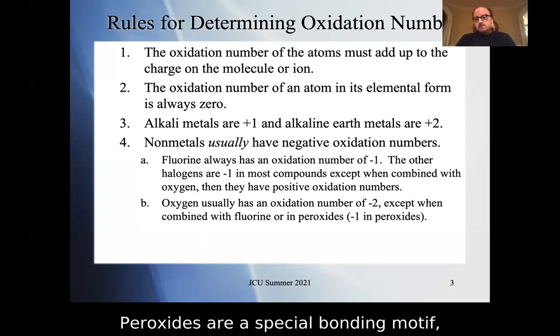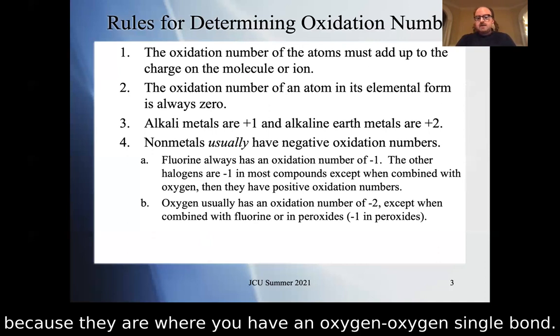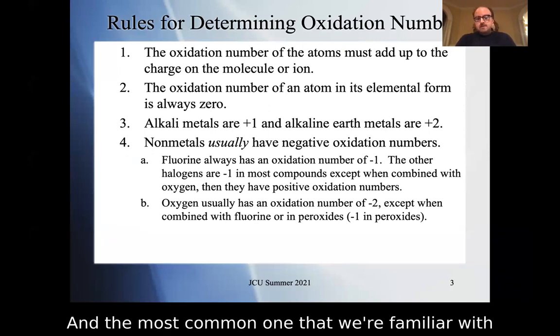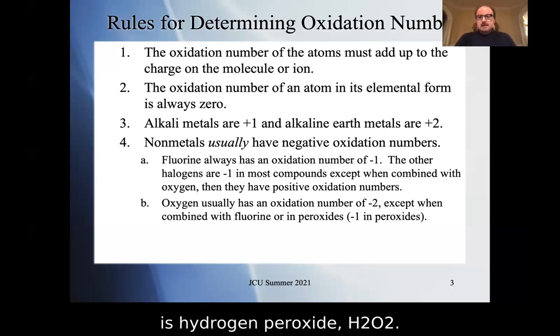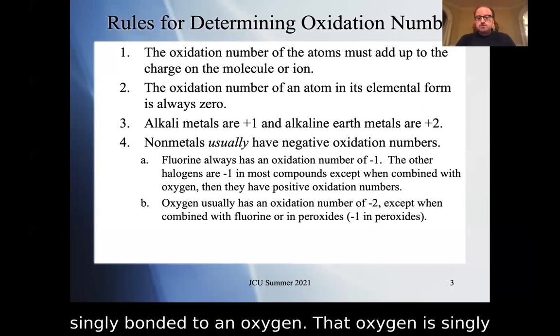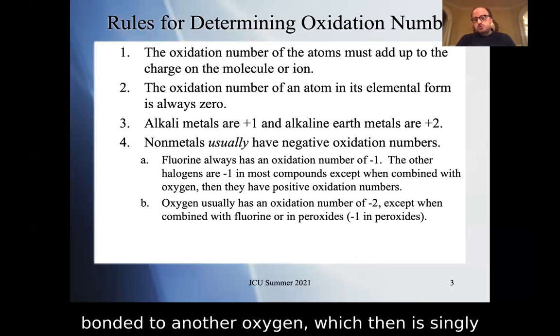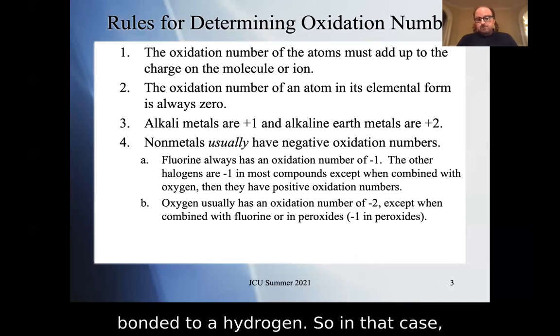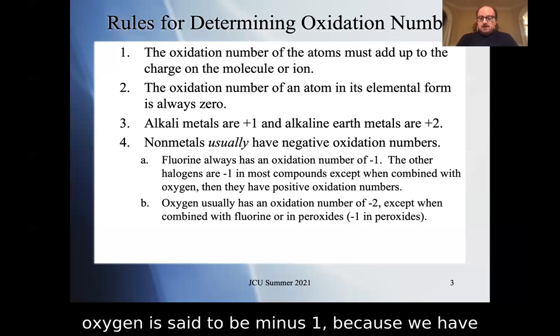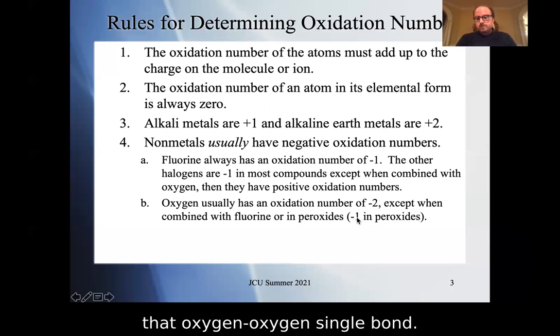Peroxides are a special bonding motif where you have an oxygen-oxygen single bond. The most common one that we're familiar with is hydrogen peroxide, H2O2. So in that case, we have a hydrogen singly bonded to an oxygen. That oxygen is singly bonded to another oxygen, which then is singly bonded to a hydrogen. So in that case, oxygen is said to be -1 because we have that oxygen-oxygen single bond.